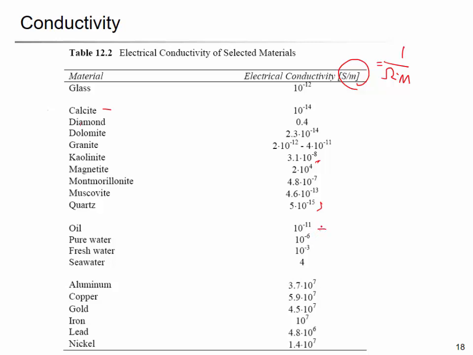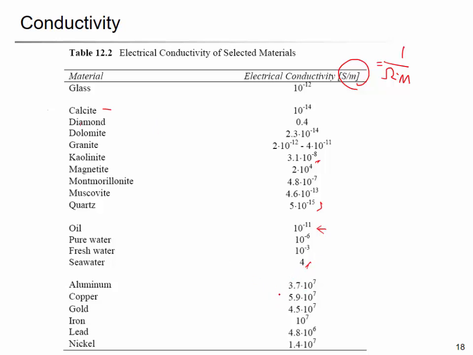So oil is basically non-conductive, 10 to the negative 11. And fresh water, 10 to the negative 3. And deionized or distilled water that we normally use for experiments has 10 to the negative 6, in that order. And the seawater is 4.